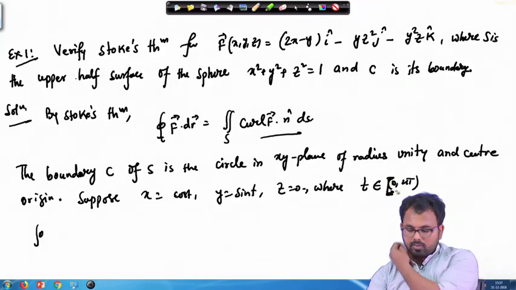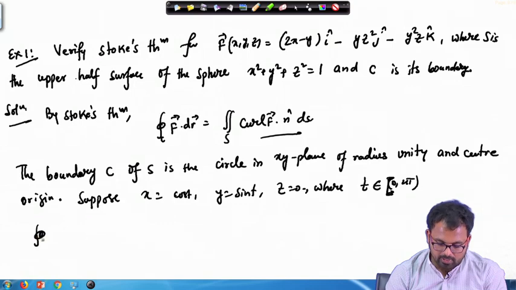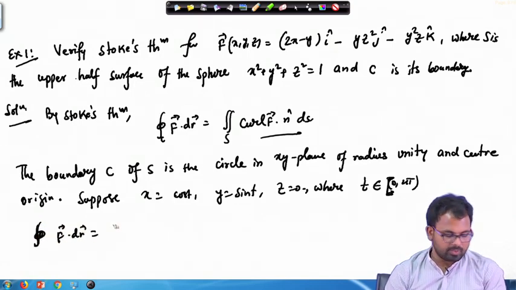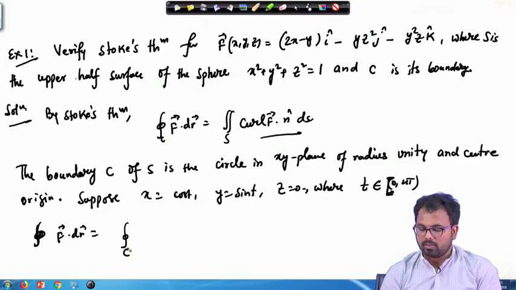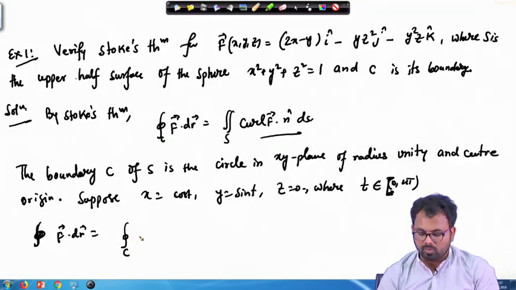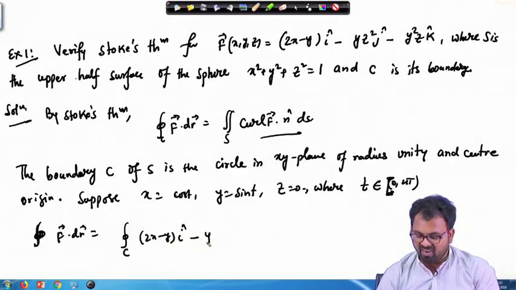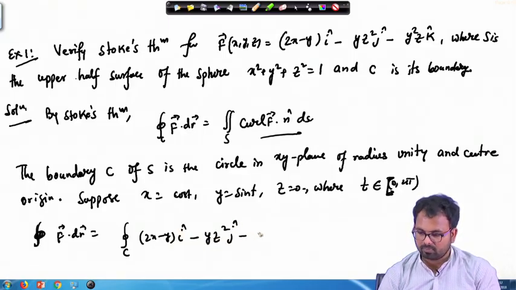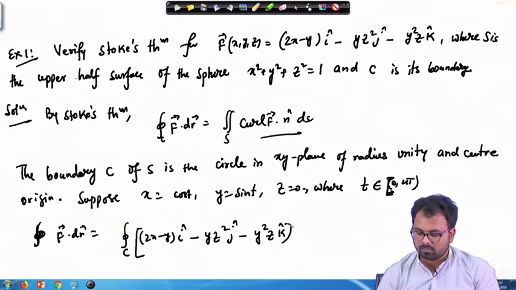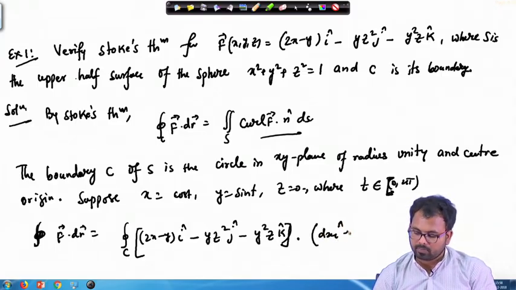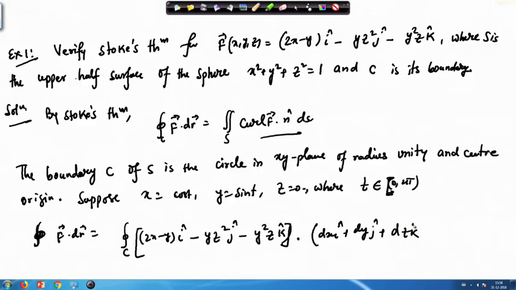All right. Now we have the line integral of F dot dr, where F is 2x minus y and so on. dr is dx i plus dy j plus dz k.